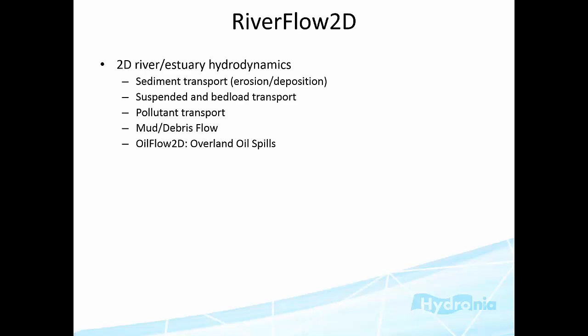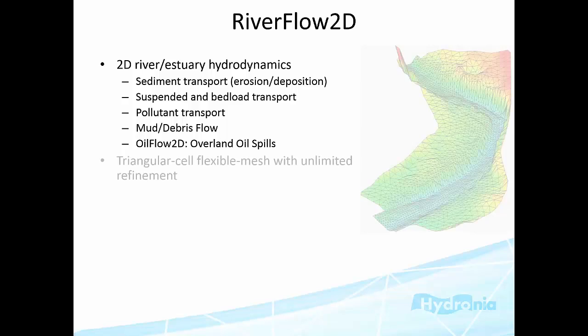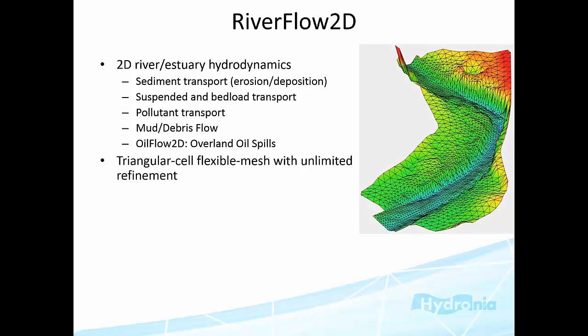Now, the RiverFlow2D model is a two-dimensional river and estuary hydrodynamics model, but it has a number of components, including sediment transport, pollutant transport, mud and debris flows, and overland oil spills. The main characteristic of RiverFlow2D is that it's based on what we call a flexible mesh, formed with triangles, and the triangles can get any size.